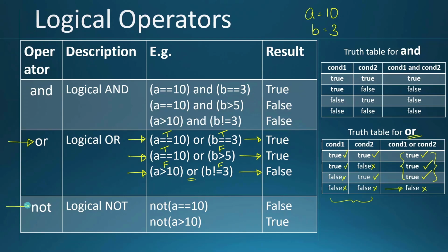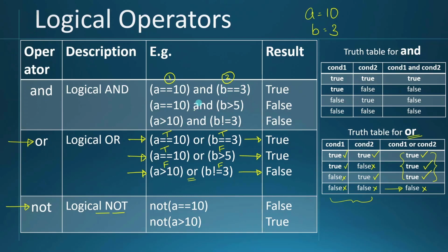The last logical operator is called NOT. NOT is a reversing logic. It is called logical NOT. If you have true and you put a NOT on that, it will become false. And if you have a false and you put a NOT on that, it will become true. Also, NOT works only on one condition, whereas AND and OR work on two conditions.